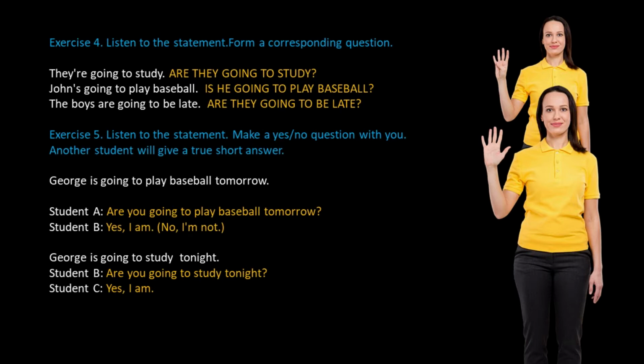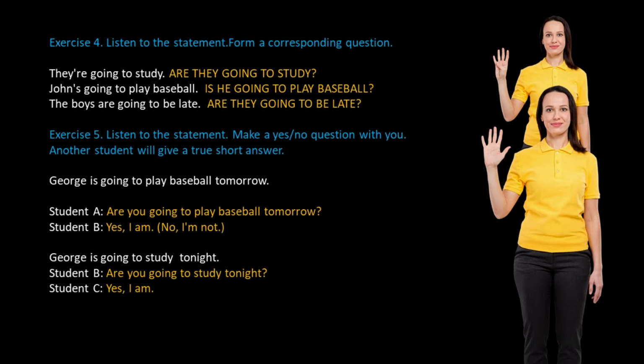Exercise 5. Listen to the statement. Make a yes or no question with you. Another student will give a true short answer. For example, George is going to play baseball tomorrow. Student A. Are you going to play baseball tomorrow? Student B. Yes, I am.